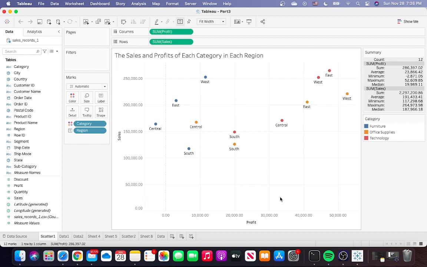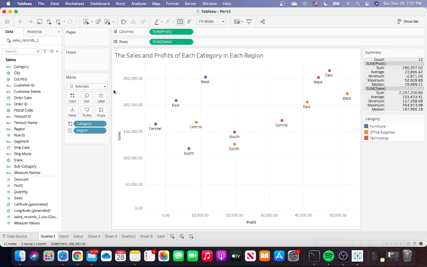Here, as we can see, the greatest profit is in the west, about 52,000 under the office supplies category. However, central is the region with the smallest profit, minus 2,000 under the furniture category.